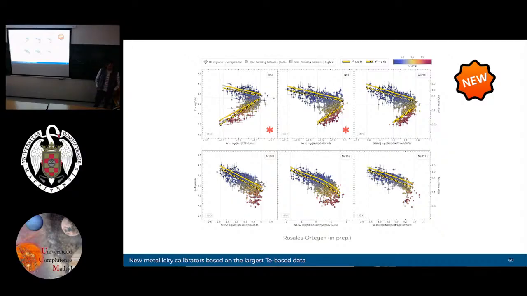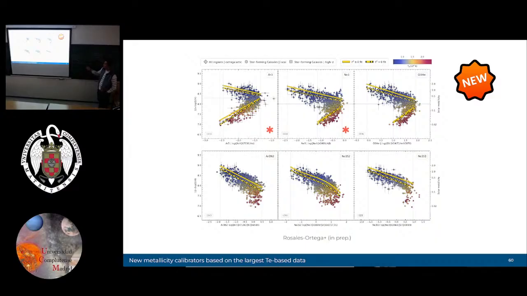I was wondering what kind of temperature distribution you are using in the low redshift and high redshift samples. Is it the same? Well, you can see here, for example, for the low metallicity galaxies you have 20,000 Kelvin, and for the high metallicity, I don't remember the lowest, but it should be around 3,000 to 4,000 Kelvin.